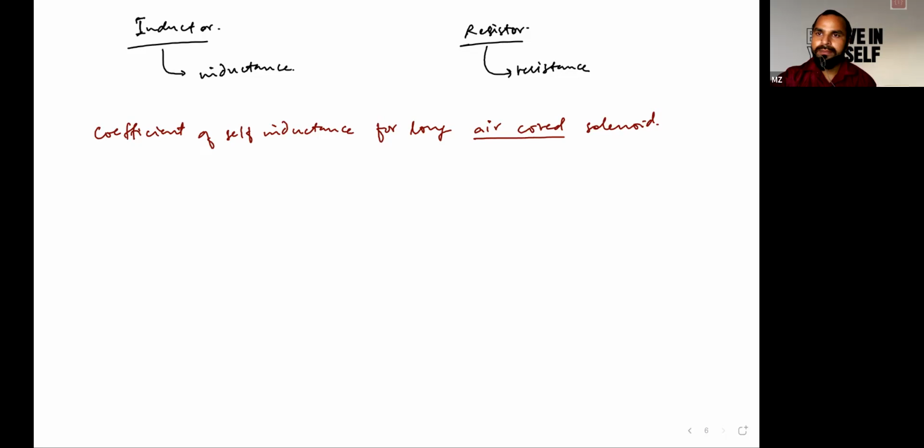There is no other medium or substance in the core of that solenoid. So let's say you have a solenoid having area of cross section A, number of turns N, and length L.